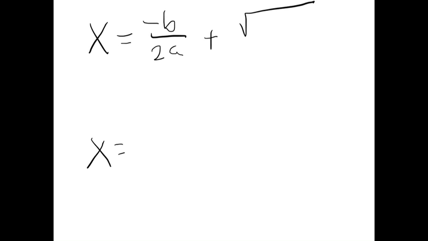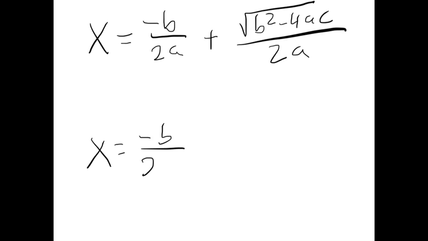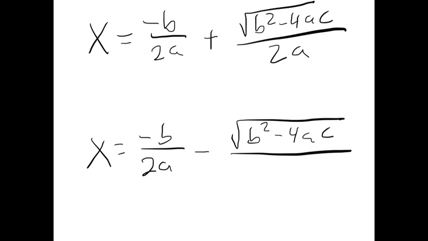The quadratic formula, to show that there are two values of x that we're looking for, is often broken up like this into negative b over 2a plus square root of b squared minus 4ac over 2a, and the same thing, negative b over 2a minus all that.